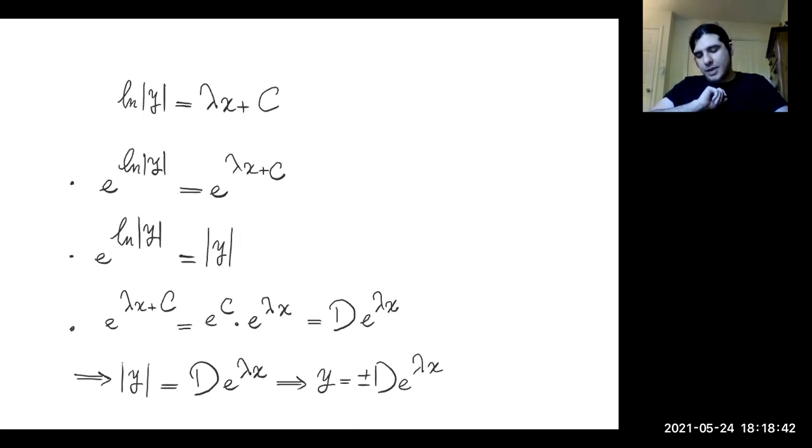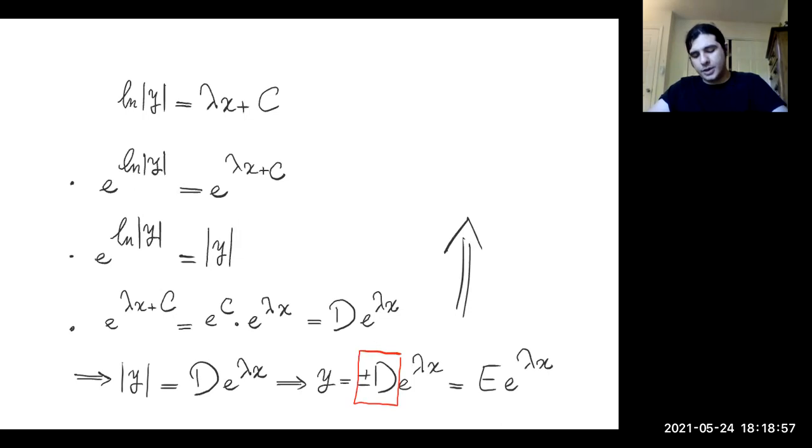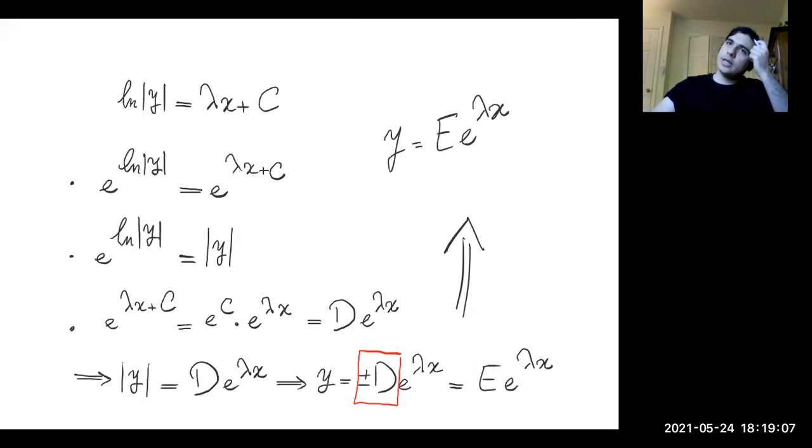But it still doesn't matter because plus or minus d is another constant. Let's just show that constant with e. So we have our solution. Y is equal to a constant times e to the lambda x. That is the solution to the equation, okay?